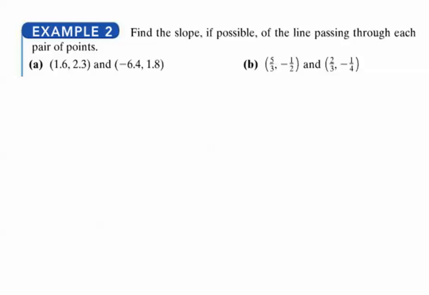All right, so let's find some more slopes. This time we have slopes that involve decimals, and we also have slopes that involve fractions. So we're going to use these opportunities to improve our skills at working with decimals and fractions, while at the same time we're learning about slopes. One thing that I'm always going to do is label my points, x1, y1, x2, y2.